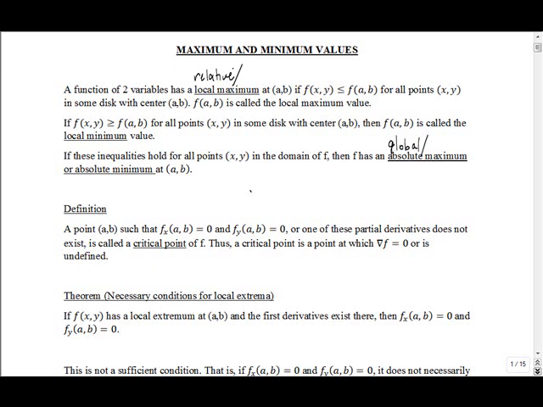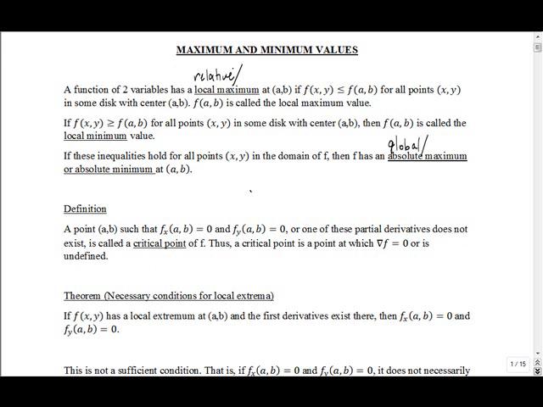First of all, let's look at necessary conditions. If f(x, y) has a local extremum at (a, b), that is, if (a, b) is either a local max or local min, and the first derivatives exist there, then the first partials at that point equal 0. Important point.